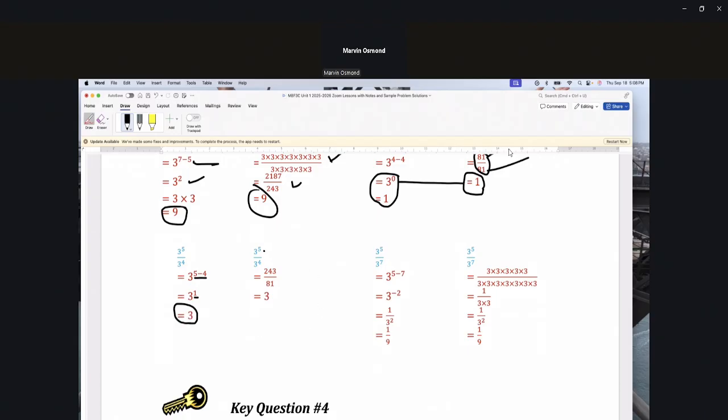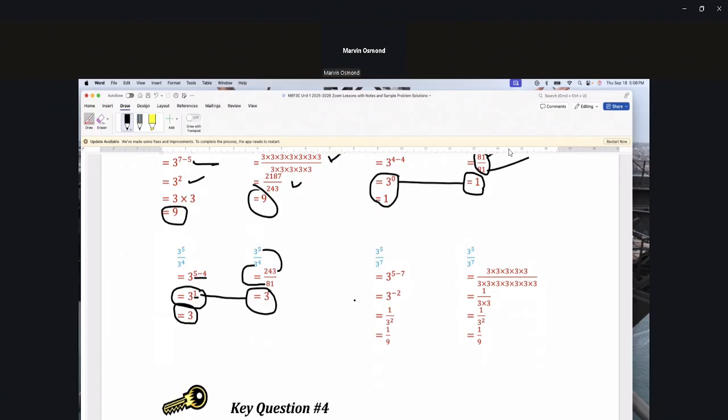But if we work this out, 3 to the power 5 is 243. 3 to the power 4 is 81, because remember, 3 to the power 4 is 3 times 3 times 3 times 3, which is 81. And 3 to the power 5 is 3 times 3 times 3 times 3 times 3, which is 243. And if you do the division, 243 divided by 81, you get 3. So both of these give you 3. So therefore, 3 to the power 1 is equal to 3.